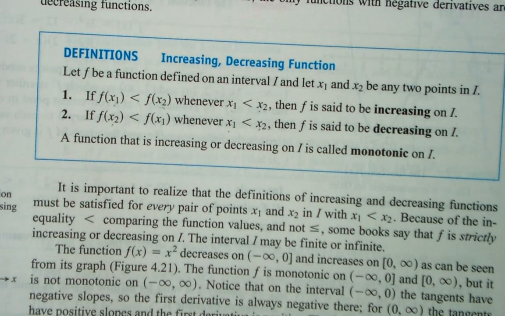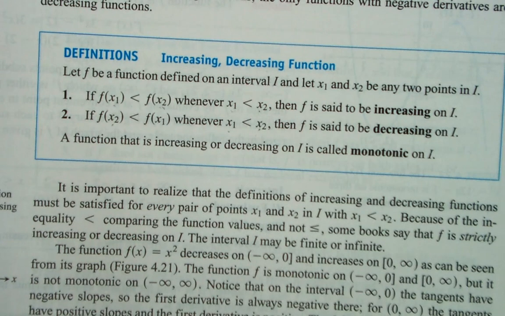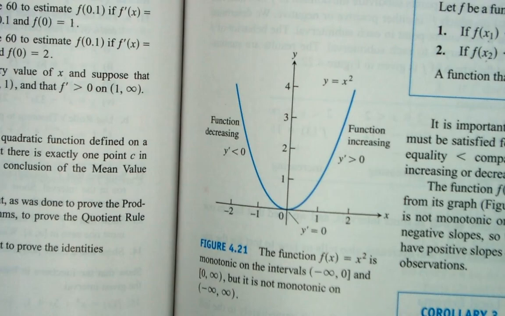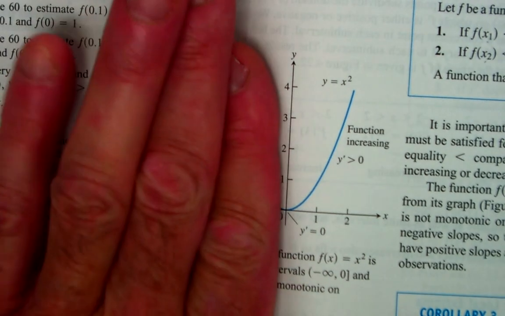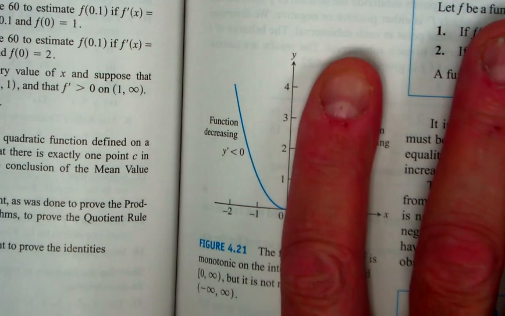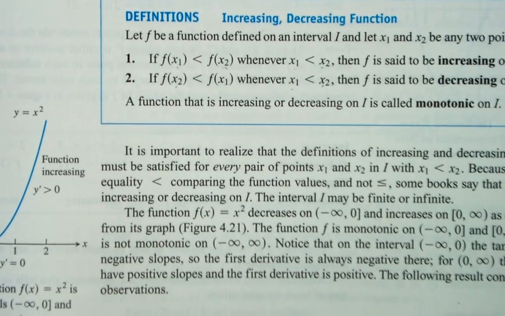Monotonic means a function that is increasing or decreasing on an interval is called monotonic on that interval. So this whole interval, it's not monotonic. That part's monotonic. That part's monotonic. And I'll be honest with you, before this text, I'd never heard that term. So don't worry about it.